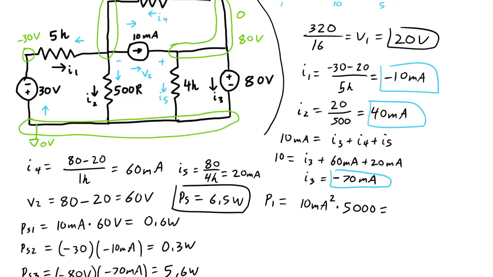So 10 milliamps squared times 5K. That's half a watt being dissipated. P2, we do the 500 ohms. So 40 milliamps squared times 500 ohms.